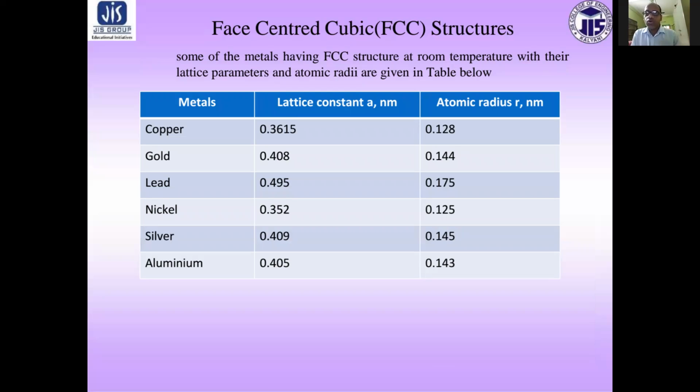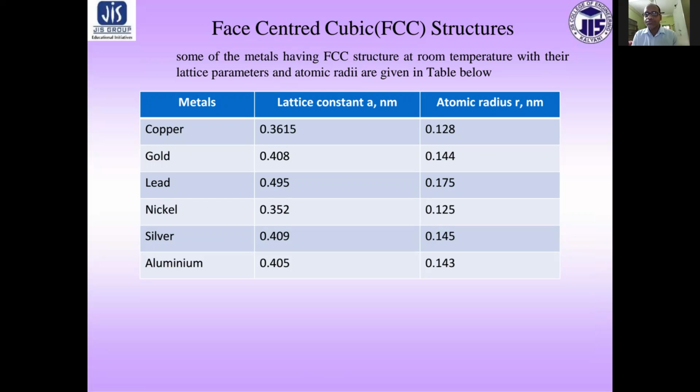Some common materials found in the FCC structure at room temperature are given with their lattice constants and atomic radii. For copper, the lattice constant a is 0.3615 nanometer and the atomic radius is 0.128 nanometer.